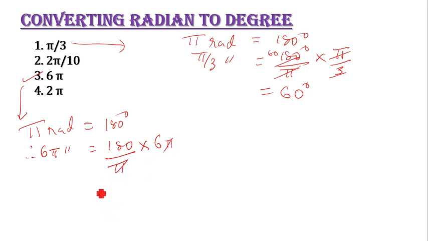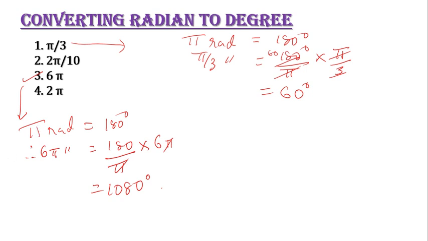So it is equal to 1080 degree. Clear? 1080 degree. The remaining two are homework for you. Hope you will do it. If not, then just comment below so that I can solve it for you.